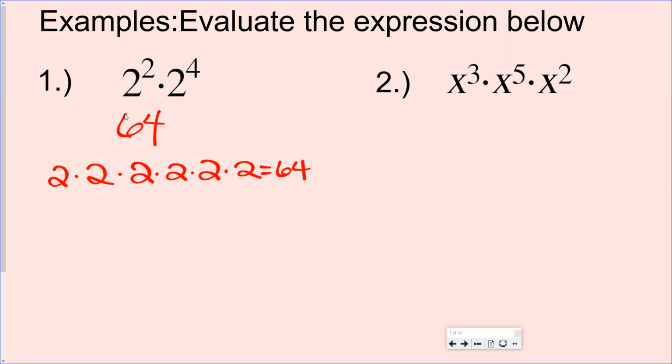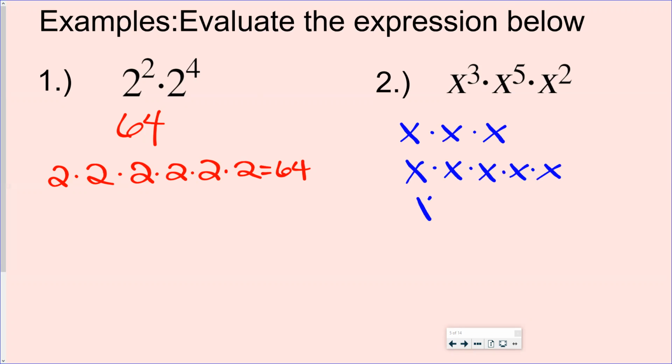Now, for number 2 here, I have x3 times x5 times x2. That I can't really put in my calculator because they're all x's. But could I do exactly what I just did with the 2 where I spread it out? Yes, I could. So x3, I have 1, 2, 3 x's. Here, I have 5 x's.